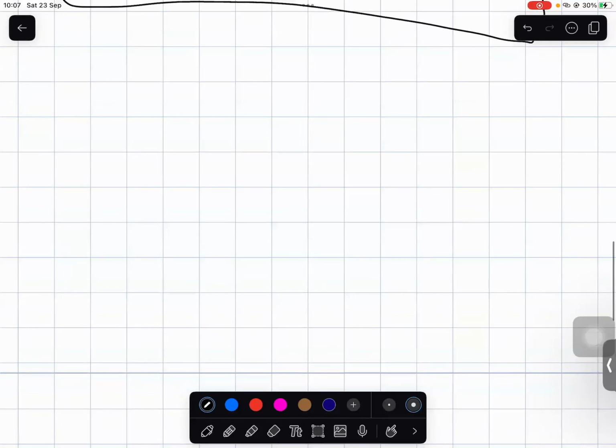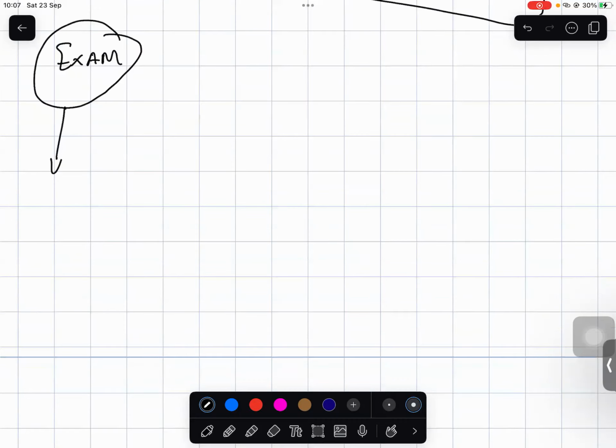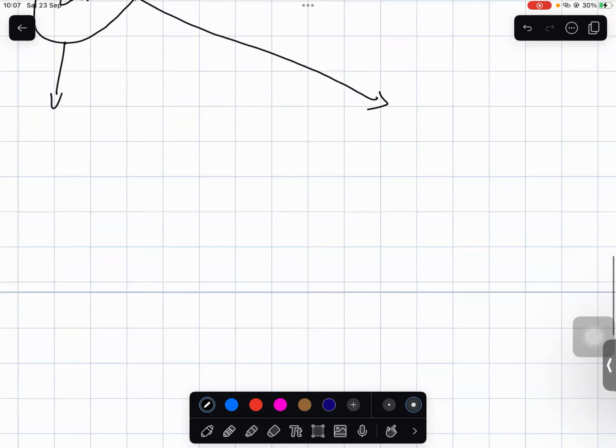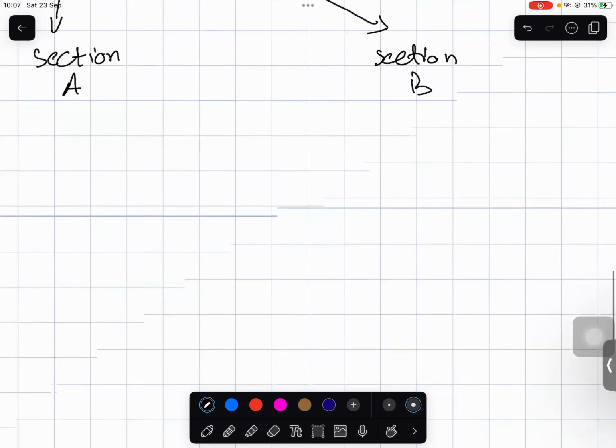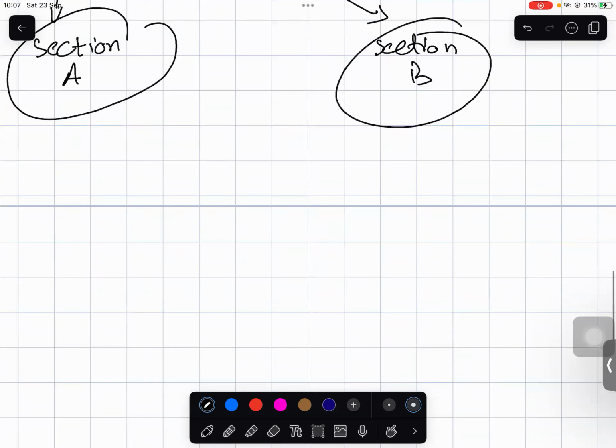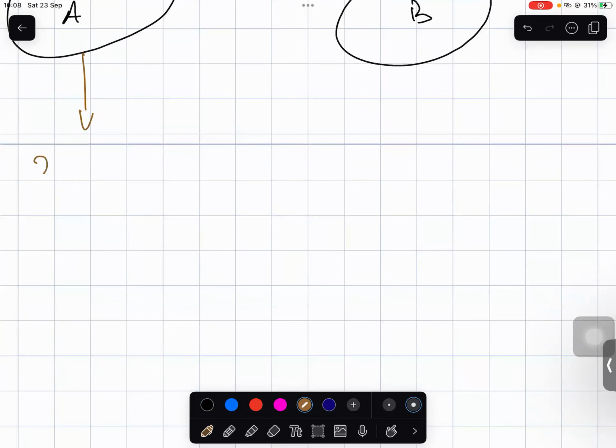Now let's talk about the content that you get in the exam. Your exam is divided into two separate parts. You have a section A, and you have a section B. In section A, you will get two compulsory questions of 55 marks each.